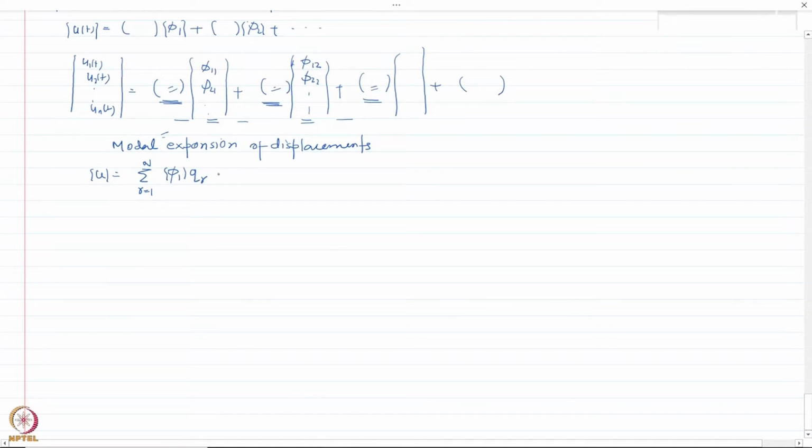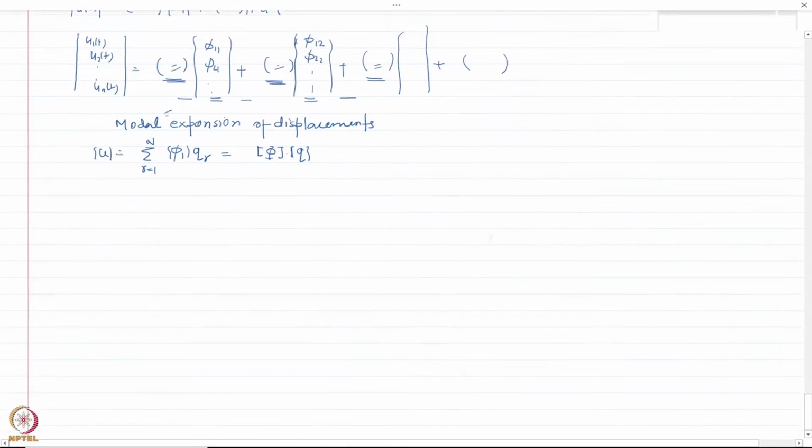Now we can write the same summation in terms of multiplication of the modal matrix times a vector q as well, where vector q contains all these factors as a column vector. These are called modal coordinates.